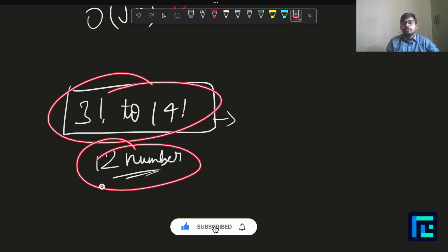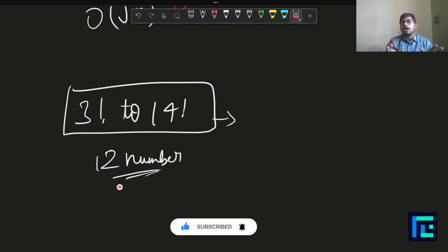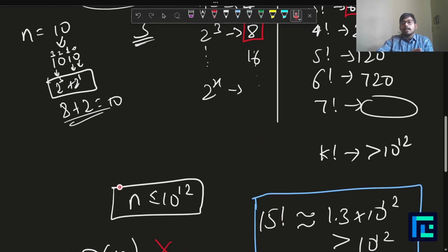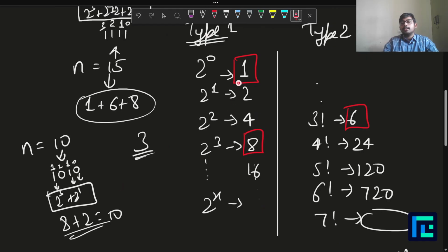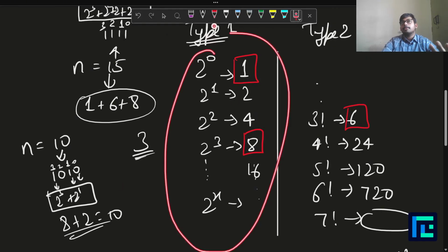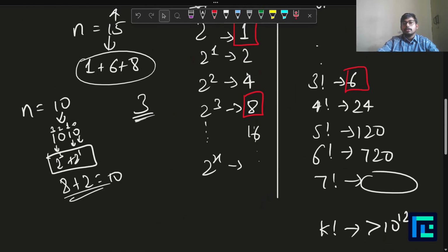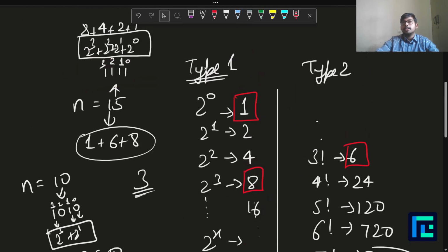Okay, so these 12 numbers that we have, if we can somehow analyze which numbers among these 12 we need to use, then after using them, for the remaining sum, the minimum numbers required among them can be directly computed, as I told, using the number of set bits.